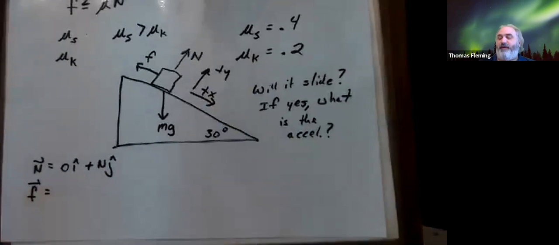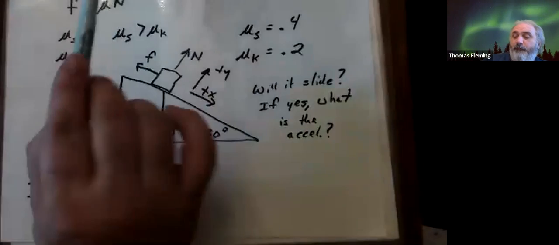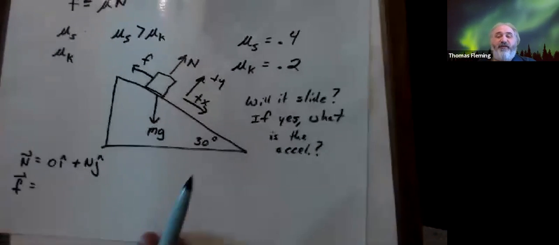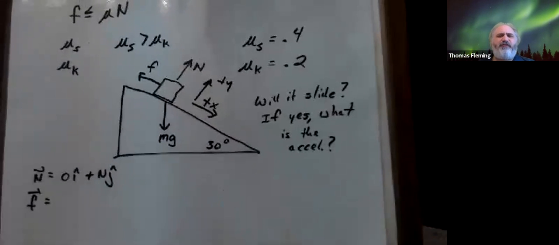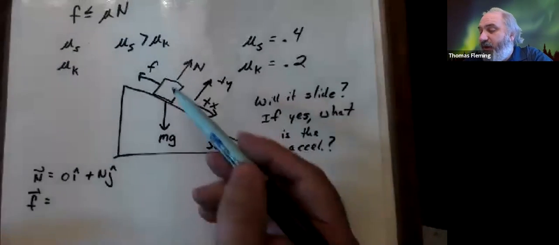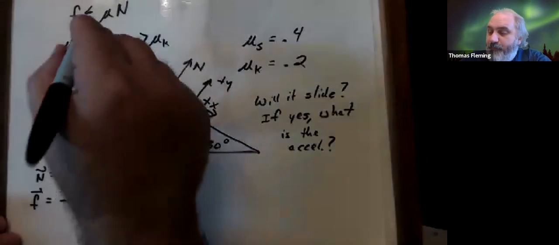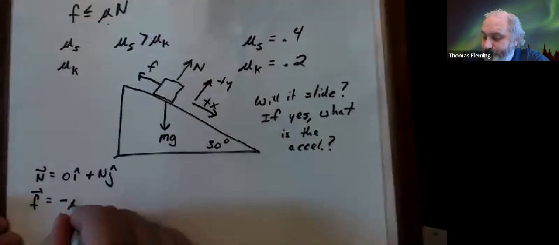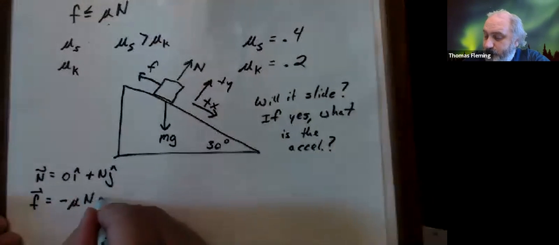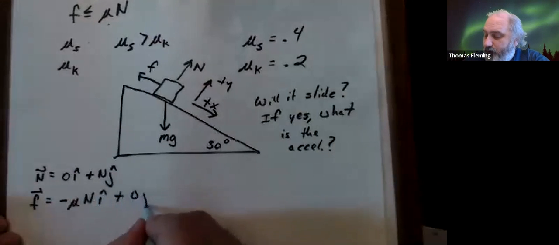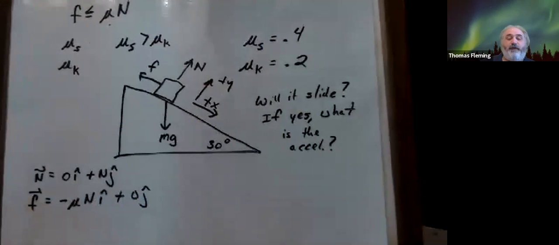The friction is going to be given by, at most, mu times N. So let's go ahead and assume that my friction is at its maximum. We'll see whether or not that's true here in a minute. But let's assume it for the moment. Now, it's going to be up the ramp, which is in the negative x direction. So I'll have negative mu N in the x direction, but 0 in the j hat direction.